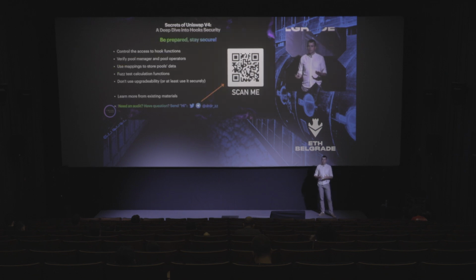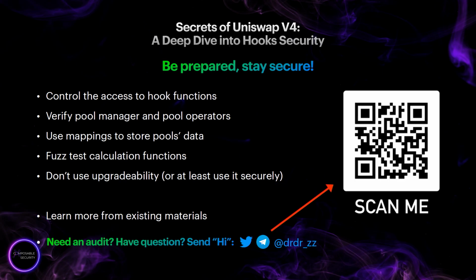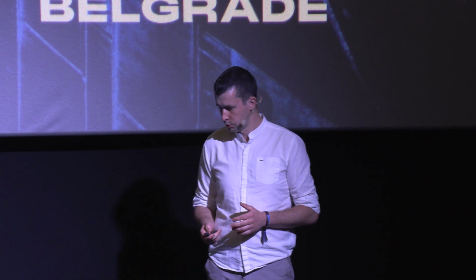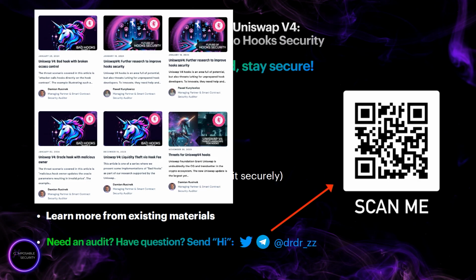And yeah, actually that's the 6 I've chosen for this presentation. Here is the list of what you should do, the basics, the first things that you should do. Also we've got a bunch of articles from our research about Uniswap v4 security, so you can check that out on our blog.